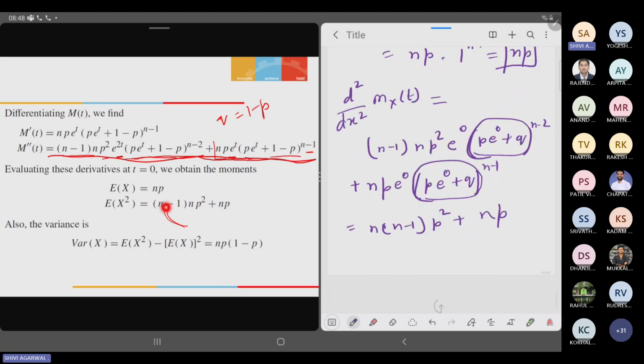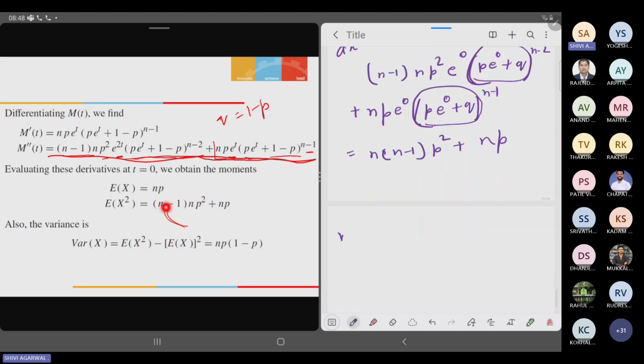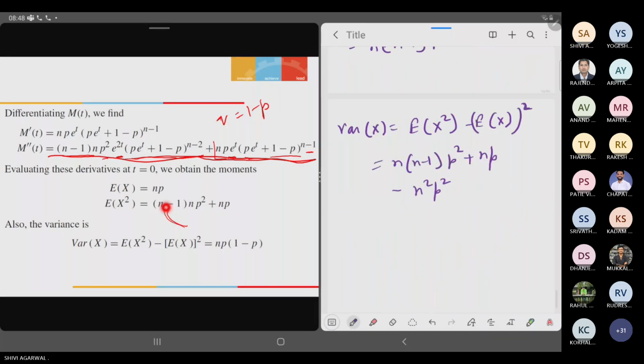Okay. Now we can find out the variance. Variance of x is what? Expected value of x squared minus expected value of x, whole squared. Everything is available here: n(n-1) p^2 plus np minus n^2 p^2.